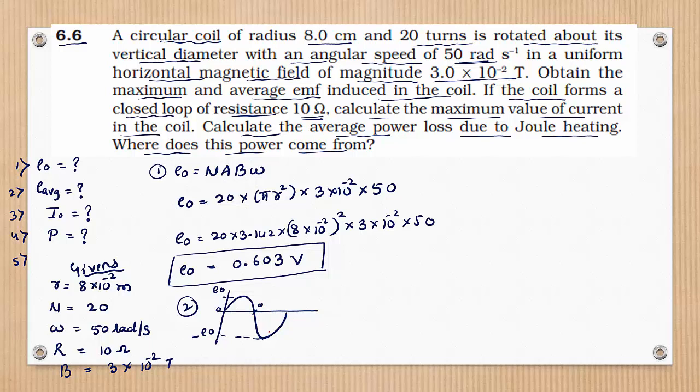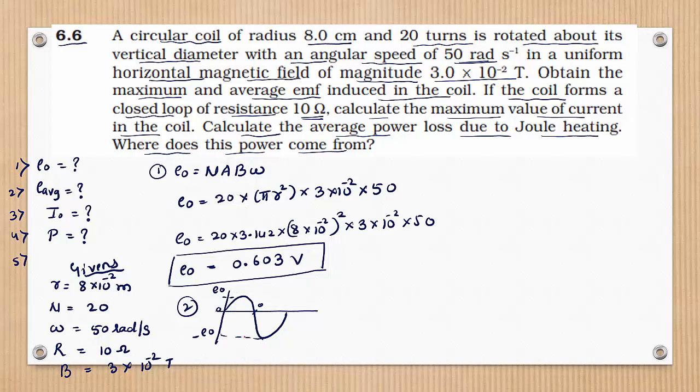What is the average EMF for one complete cycle? It is 0, because the positive maximum is plus E naught and the negative maximum is minus E naught.